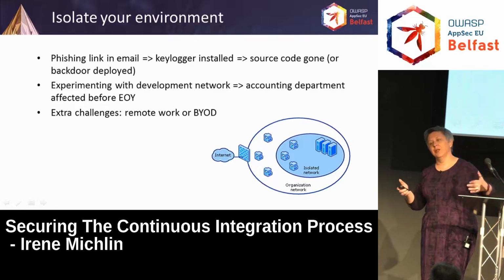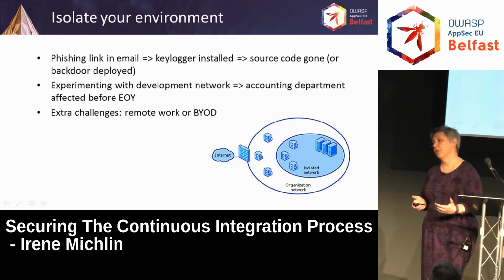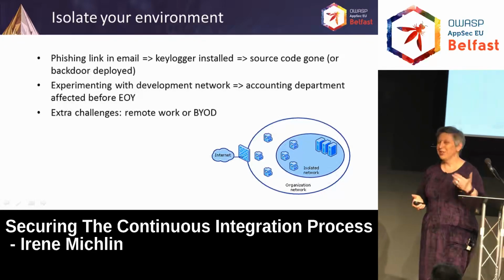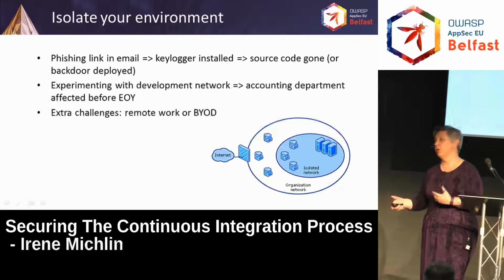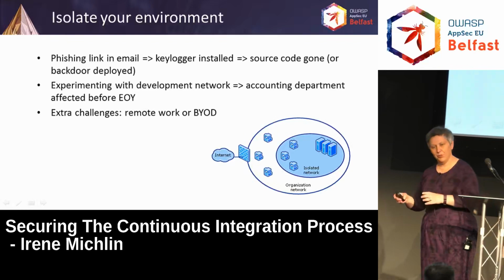If I am reading my corporate emails on the same machine I'm doing my development on, and I click on a phishing link somehow, I now have a keylogger installed, and attackers can steal source code or do something more interesting, like entice me to commit an attacker-controlled change list, which, if not detected further in the pipeline, will result in a backdoor being deployed. So corporate can harm dev.